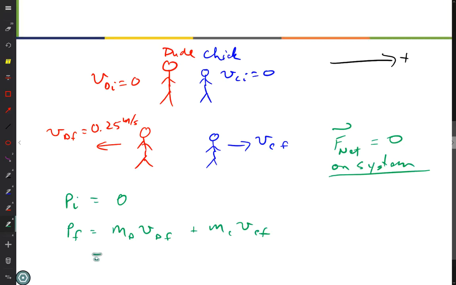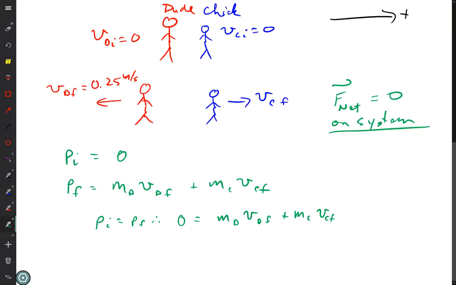Let's solve it for the speed of the chick first. Speed of the chick final is equal to the mass of the dude times the speed of the dude final over the mass of the chick.